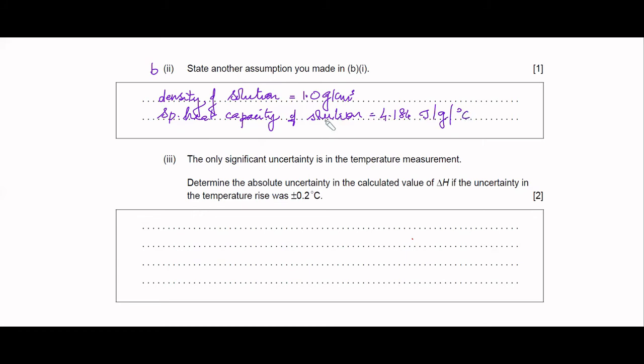Then another assumption we made was that there is no heat loss to the calorimeter, to the thermometer, or the stirrer that we are using. So no loss of heat energy to the materials of the calorimeter.